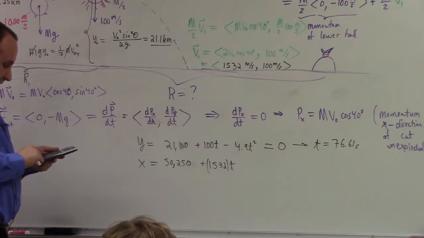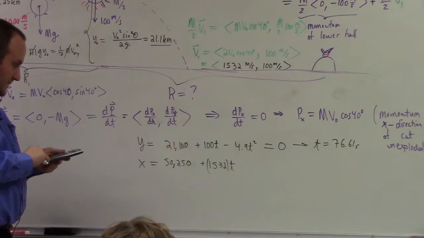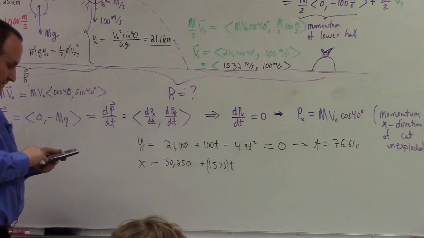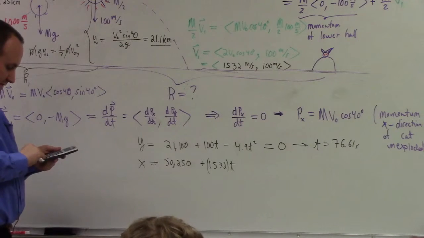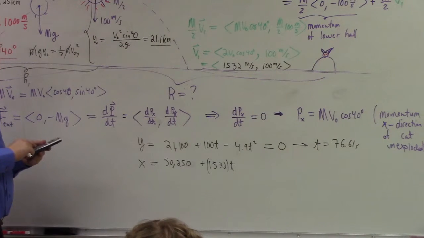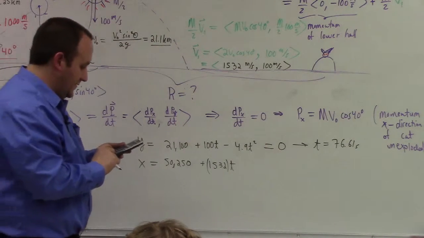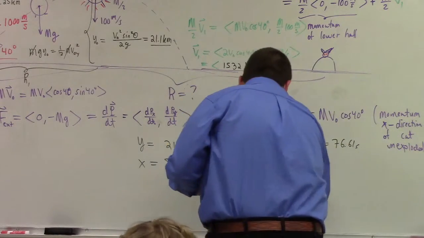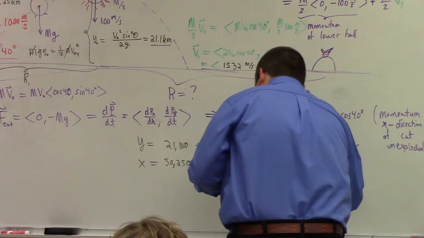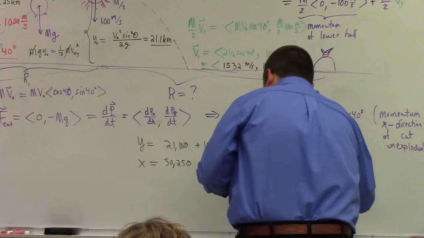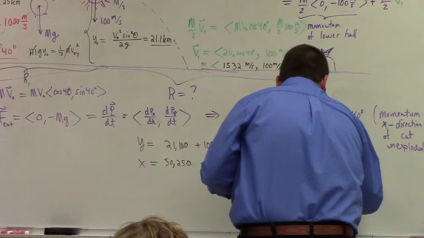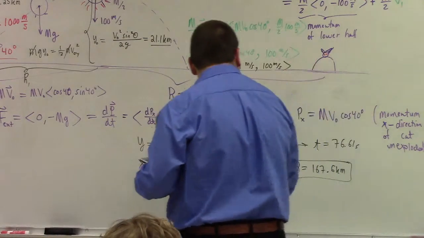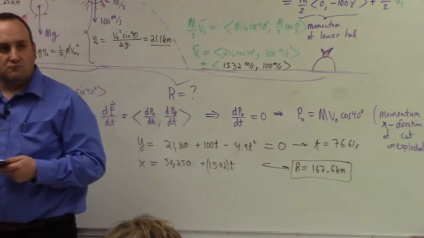All right, so 50,250 plus 1532 times 76.6. I get, drum roll, 167,601. In other words, 167.6 kilometers. Or 100 miles.